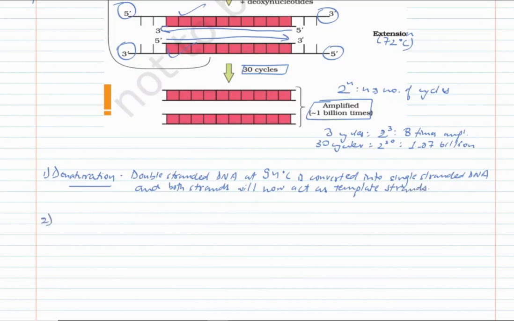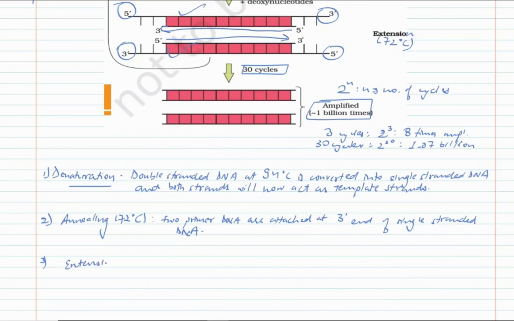The next step is annealing, which is done at 54 degrees Celsius. Two primer DNA, that is one for each strand, are attached at the 3 prime end of single stranded DNA. The third step is extension, which is performed at 72 degrees Celsius.